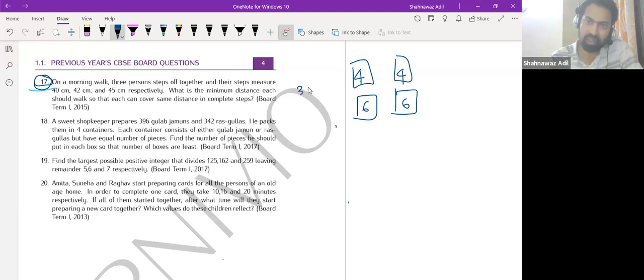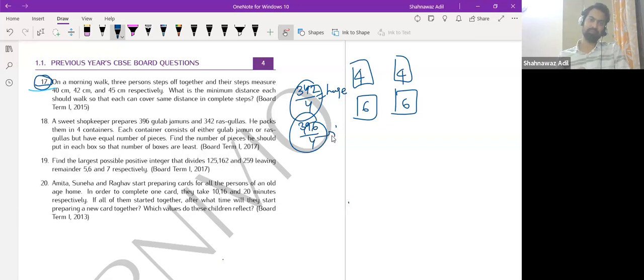So 342 divided by 4. So this would be a huge number. Right, and similarly, if I put four gulab jamun, I will have to make these number of boxes, right? So I want to have the number of boxes at least, right?